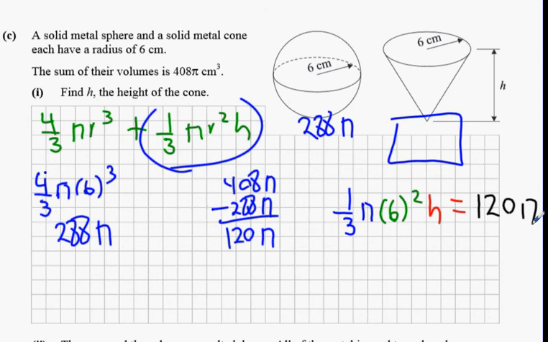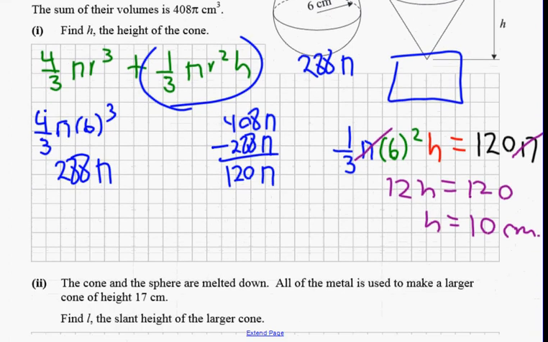What cancels off both sides? Pi cancels, and that's going to be a third of 36, which is, just put all that into the calculator, 12. So you get 12h equals 120, h equals 10. 10 what? 10 centimeters. Okay, we alright with that?